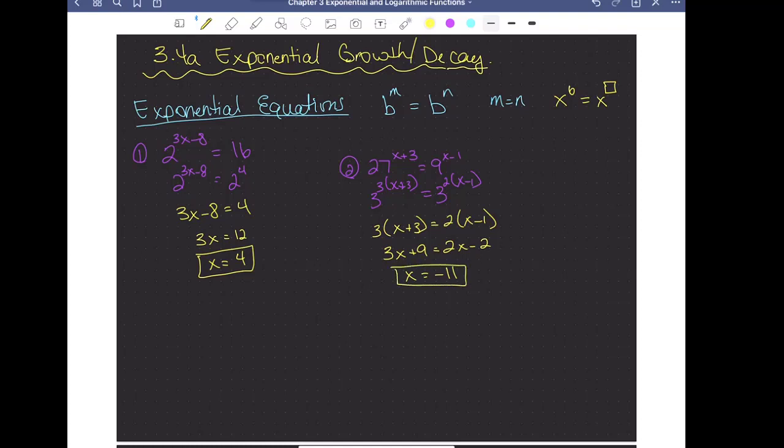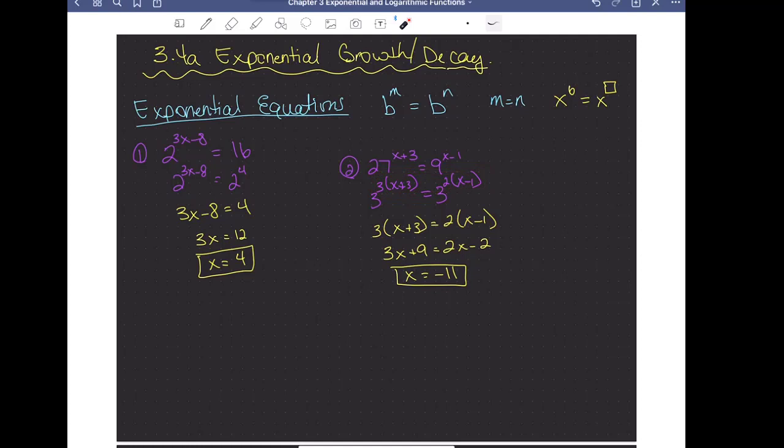Not too bad on those? Think you guys could practice? Yes? So you keep saying that the exponents have to be equal? Yep. When you say that, does it just mean when you solve for x, you have to have a whole number? Well, if they're equal, whatever your exponents are, they equal each other. So you're just putting an equal sign in there and then solving it for the variable.